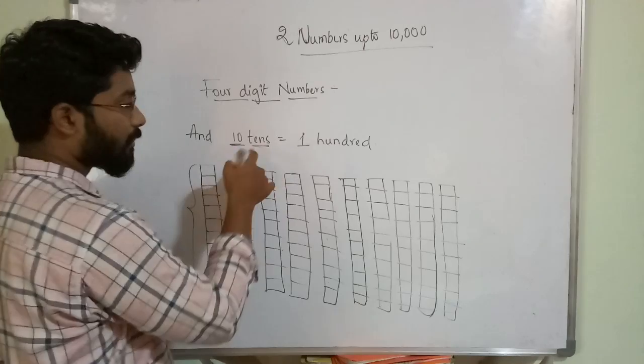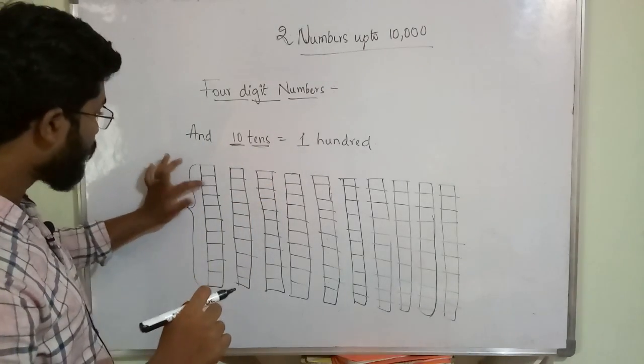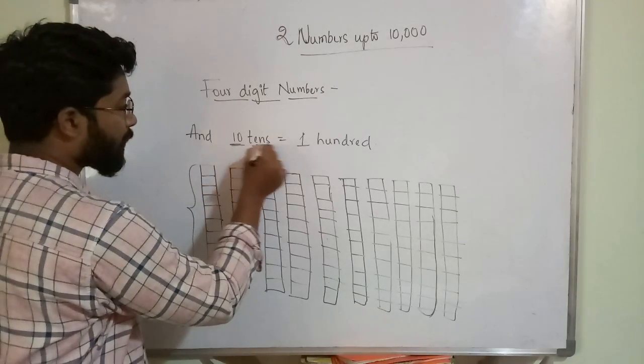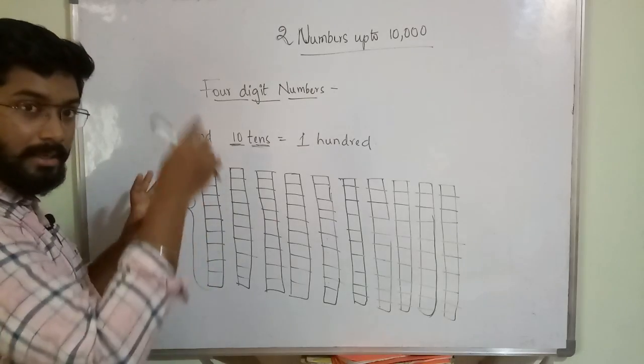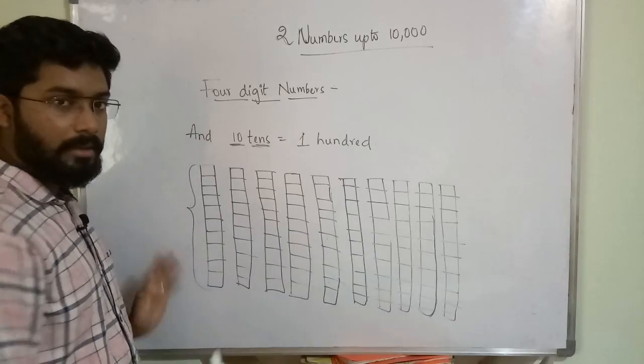10 tens is telling, this tens means each box is containing how many smaller boxes? 1, 2, 3, 4, 5, 6, 7, 8, 9, 10. So this 10 represents the number of smaller boxes in the bigger box, and this 10 represents the number of bigger boxes. These are taller boxes.